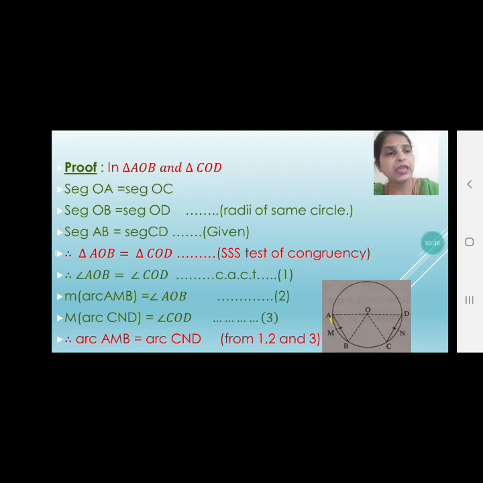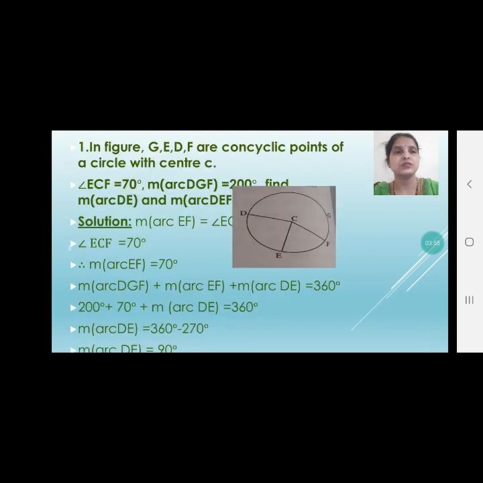Measure arc AMB will be equal to measure arc CND, that is arc AMB is equal to arc CND from 1, 2 and 3. Okay. Now we start with the next exercise based on arcs of the circle.